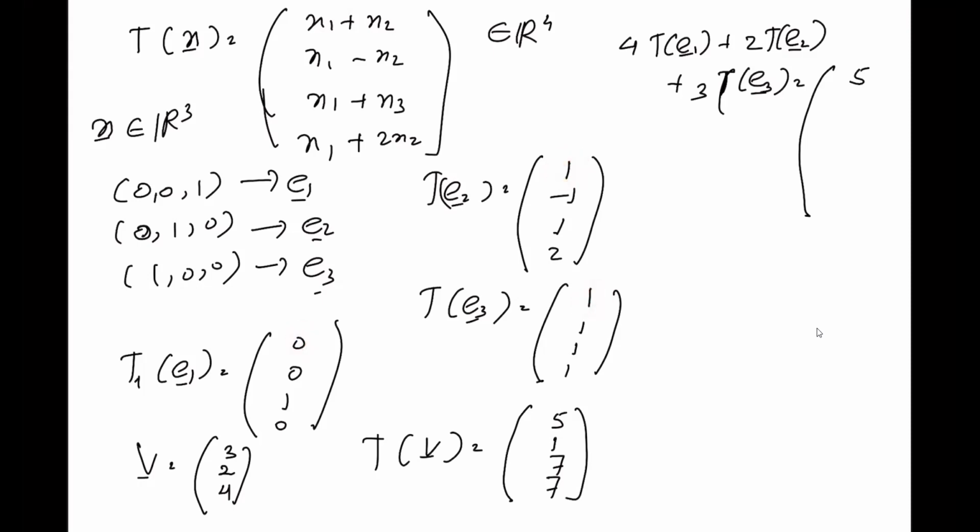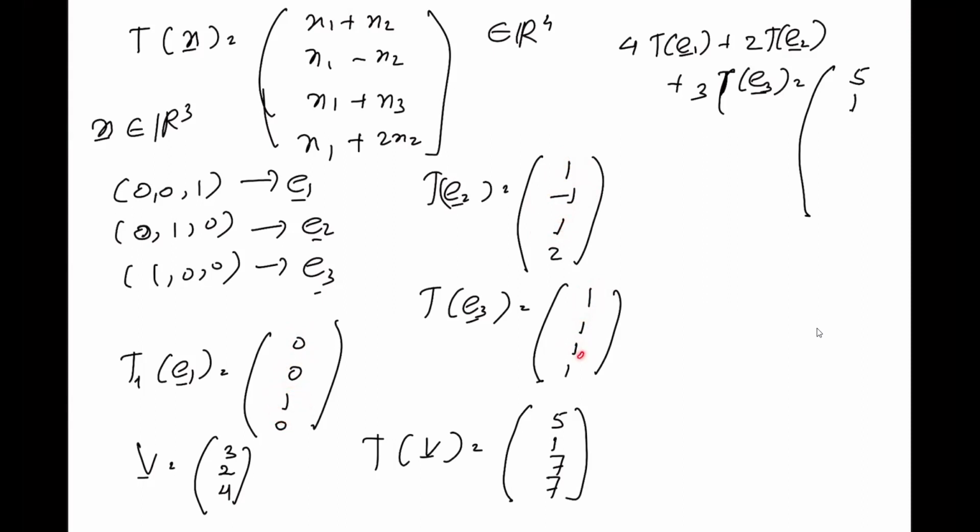Then I put 0 and minus 2 and plus 3, it is 1. And then I can take 4 times 1, it is 4, 2 is 6, and 4 plus 2 is 6, and 3 is 9.